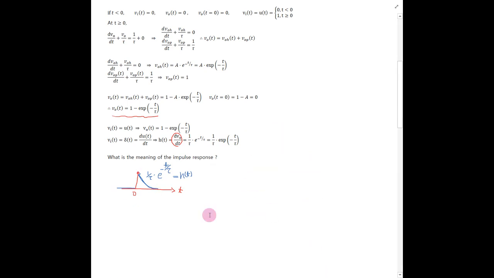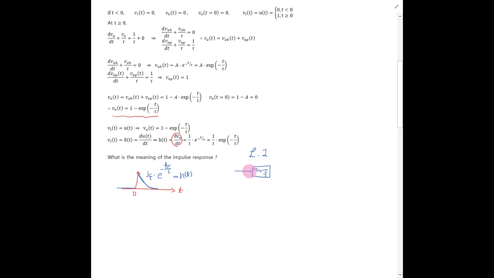Okay, here I would like to explain the meaning of the impulse response. The impulse response is related to the memory of the system. So this means that here is a system. An RC system is linear and time invariant. Okay, the RC circuit is linear and time invariant.